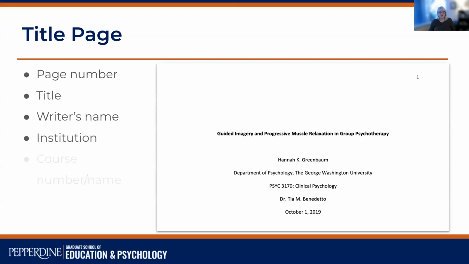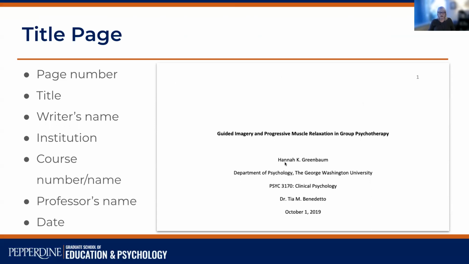This is a screenshot of the top half of a title page. On this title page, you have the page number in the top right, no running head up here. Then you space down a little bit, put your title in title case and bold and centered. There's a blank line here.